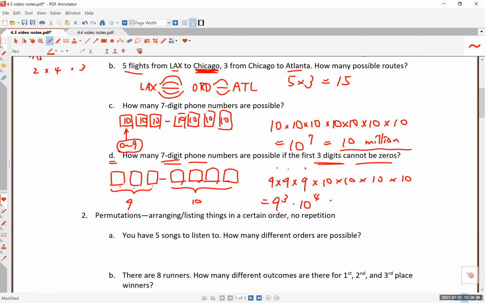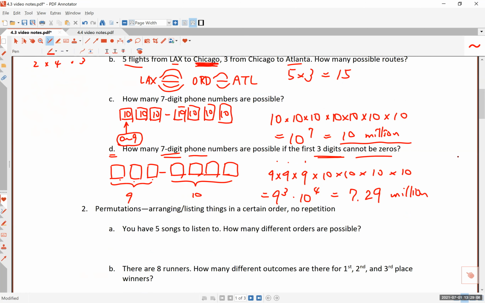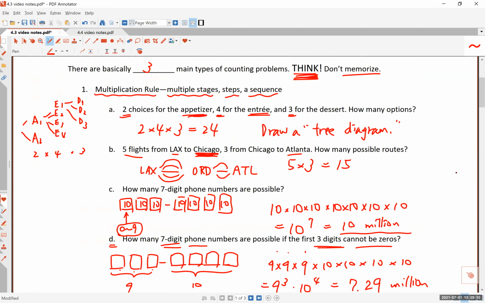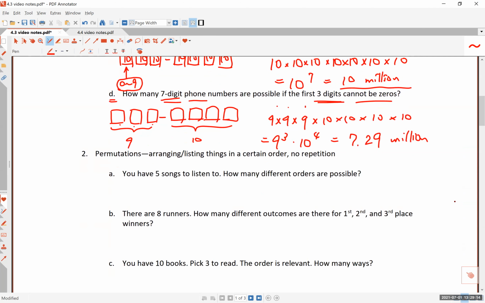If you do this in your calculator, you will see that this is 7,290,000. And so the answer is 7.29 million phone numbers if the first 3 digits cannot be 0. I hope this is easy to understand, right? The multiplication rule.